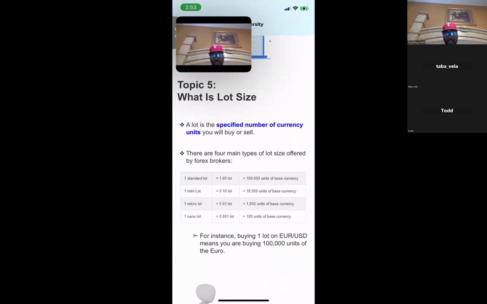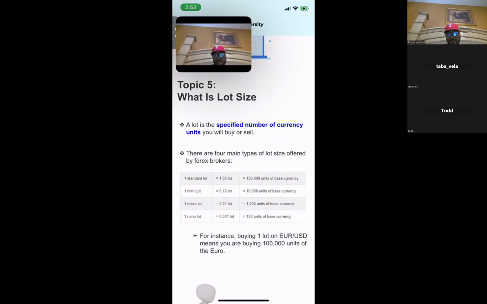That's a standard lot, and you're trading 100,000 units of that currency. For the most part, on the USD pairs, this is $10 per pip. So you will lose a lot of money very fast if you're trading $10 a pip, or you'll make a lot of money very fast.